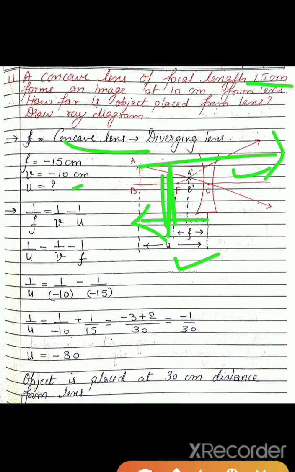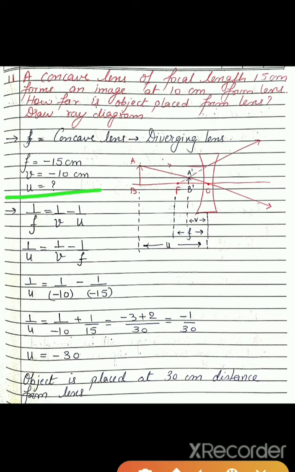So focal length and image distances were given, and they are asking you to calculate the object distance. So till here we have written. So now what is the relation between f, v and u? So that is the lens formula. So we wrote the lens formula. I want object distance, so I will make 1 by u subject of equation. Now I'll substitute all the values. You know that you have to substitute all the values along with their signs.